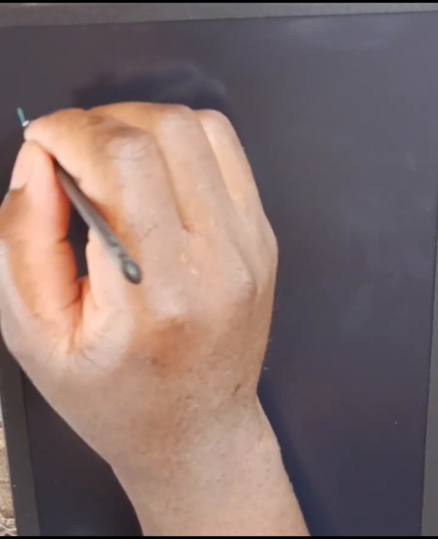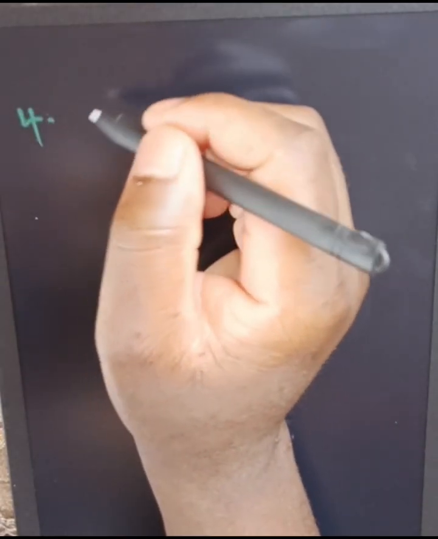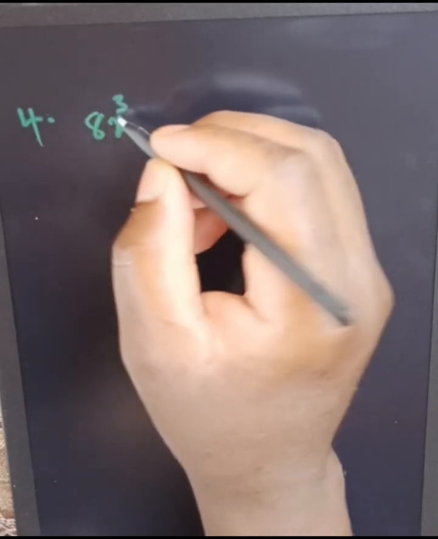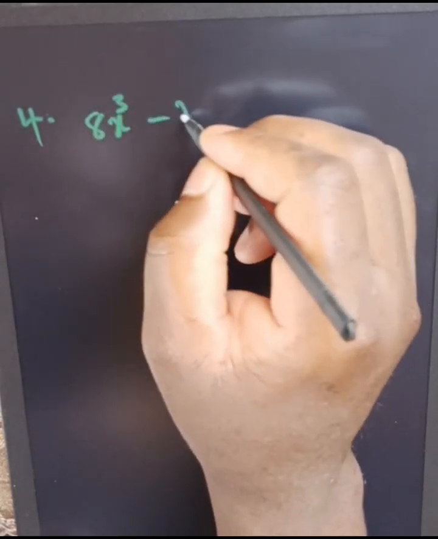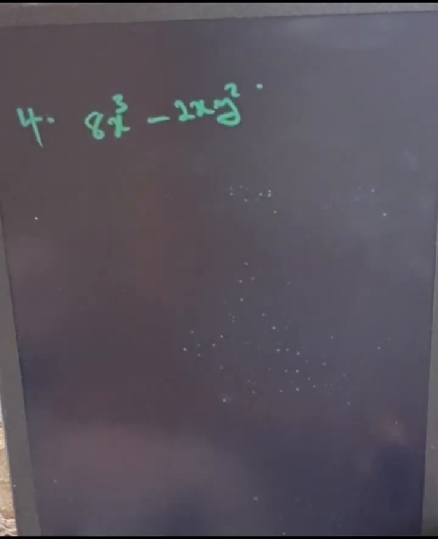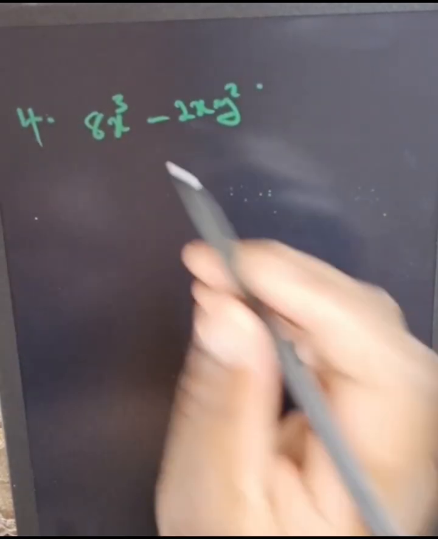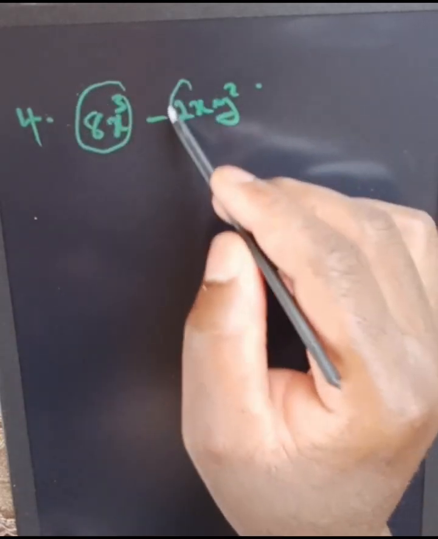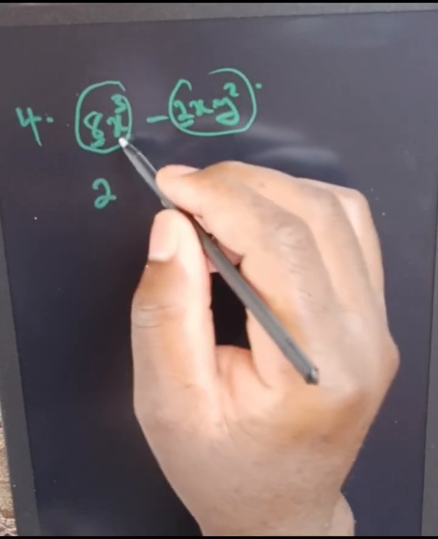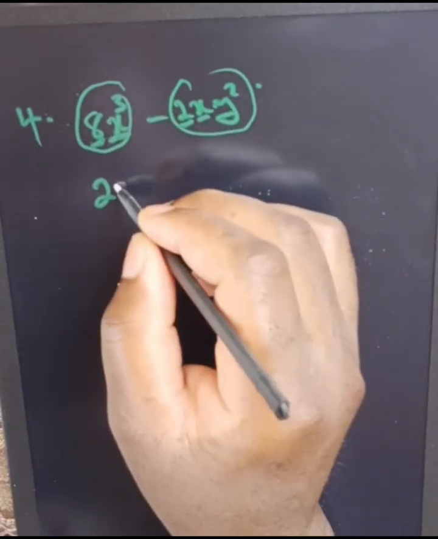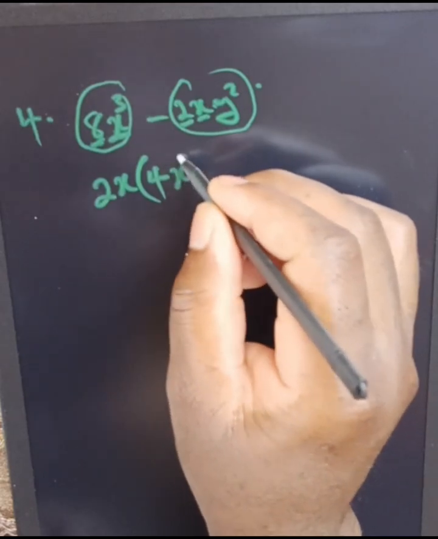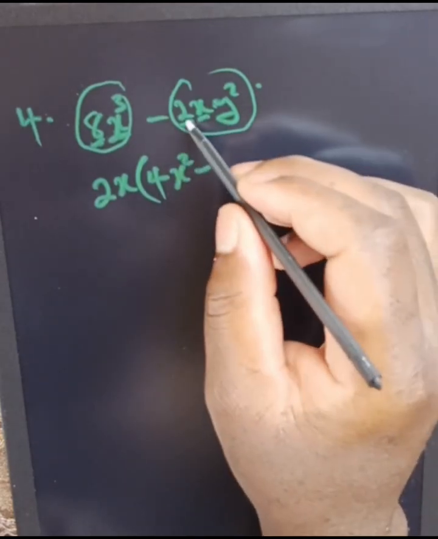We now move on to question number 4. It reads 8x cubed minus 2xy squared. Firstly, we need to find the common factors from this expression. We find 2 and x. What is left is 4x squared minus y squared.